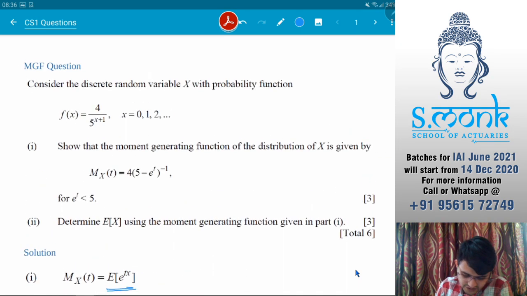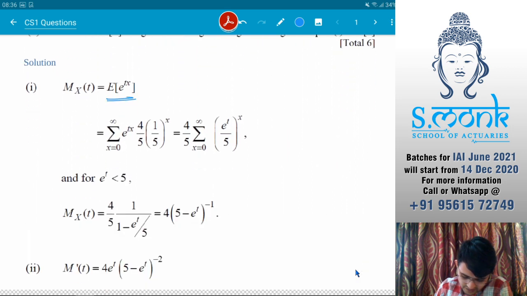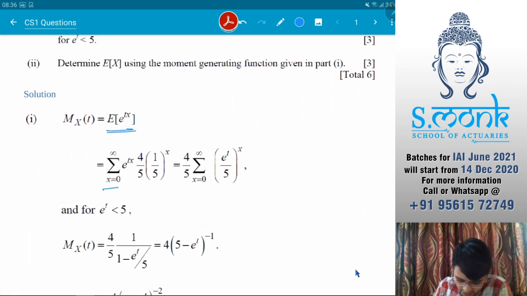Now this is nothing but a discrete random variable. Even if they did not write the word discrete, you should always look at the possible values and understand that it is a discrete random variable. So we'll say summation for all values of x of e raised to tx into f of x. This is our f of x.